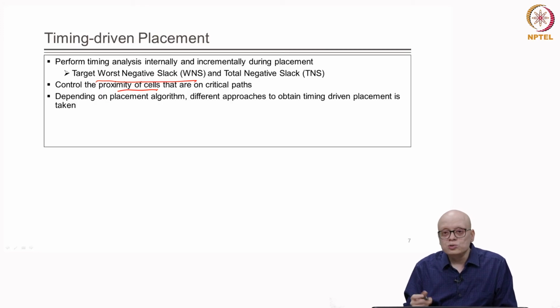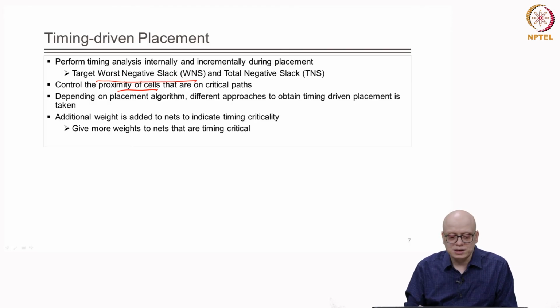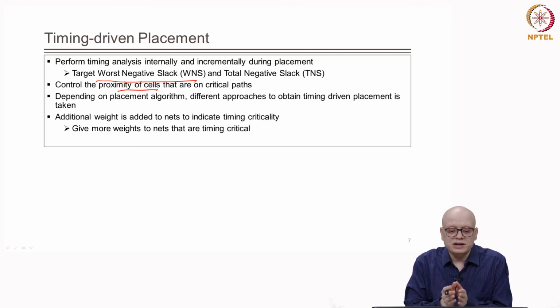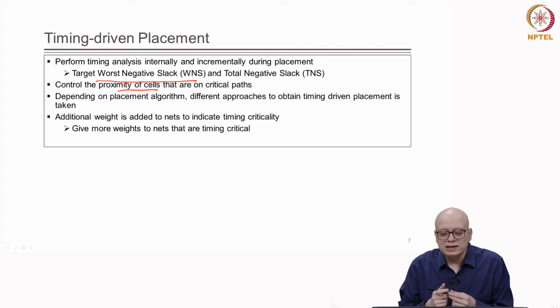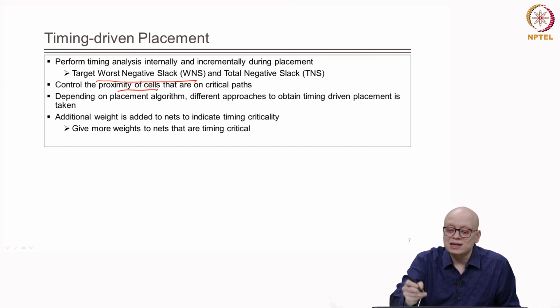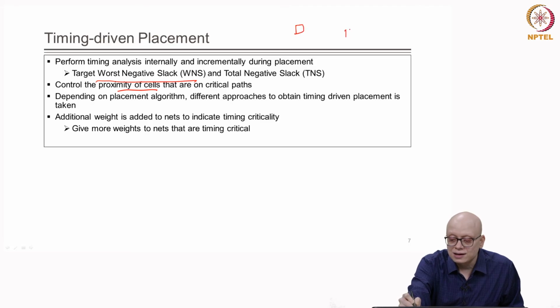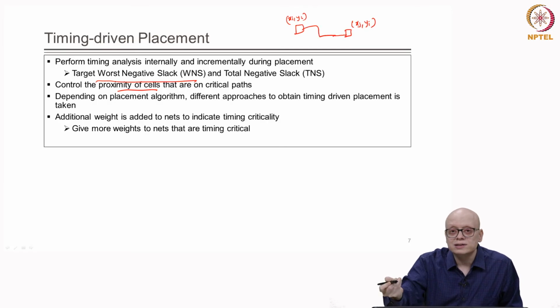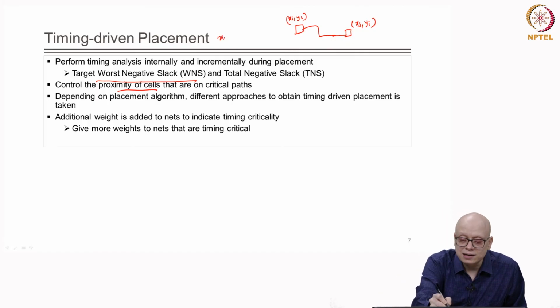For example, during analytical placement, what can be done is that we put additional weights on the nets to indicate timing criticality. For example, suppose there were two cells, this has location (x_i, y_i), and this has (x_j, y_j). So, the wire length between them can be estimated from the Euclidean distance, that is (x_i minus x_j) whole square plus (y_i minus y_j) whole square.